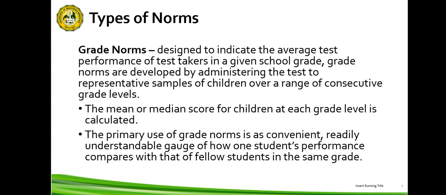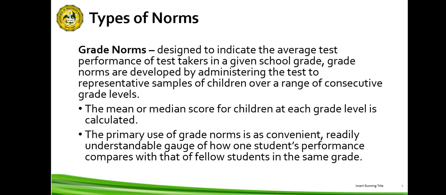Next, the mean score for children at each grade level is calculated. Since the school year runs from September to June, that is 10 months, the fractions in the mean and median could be decimals.